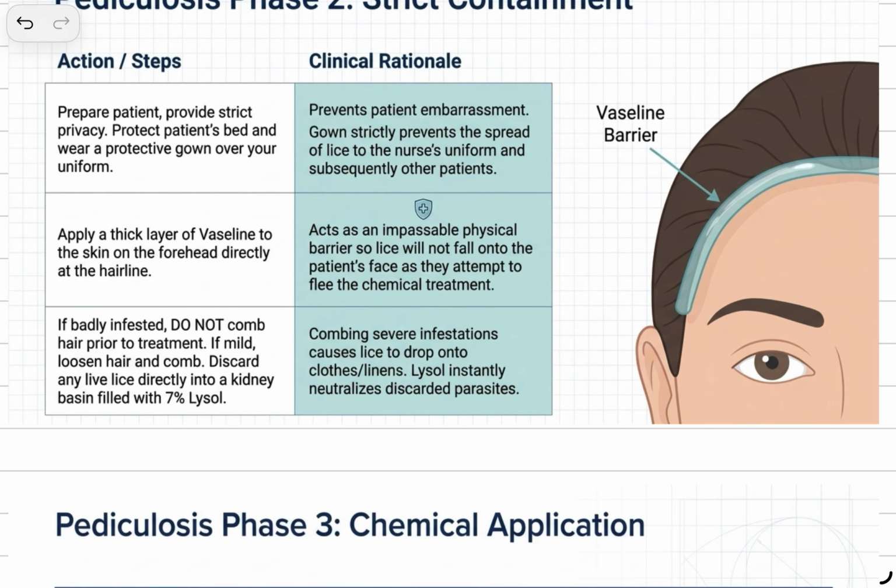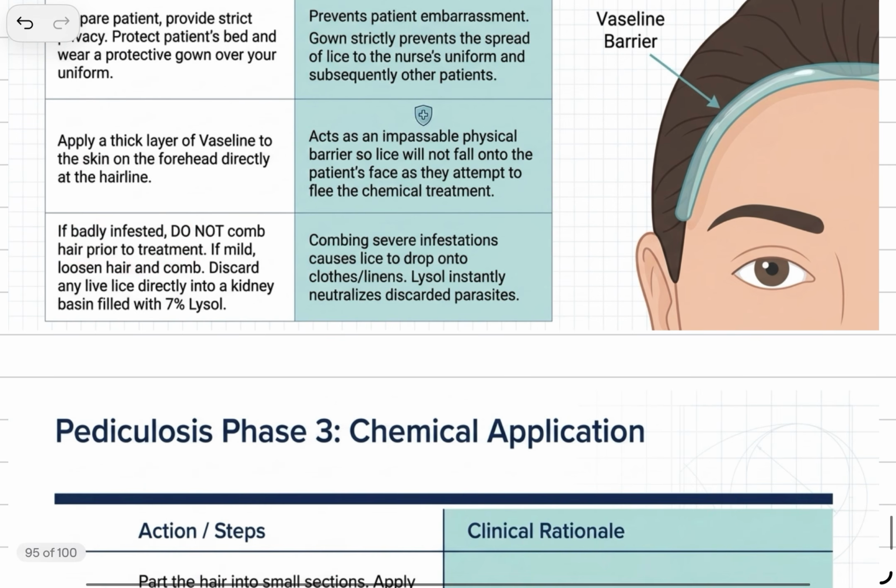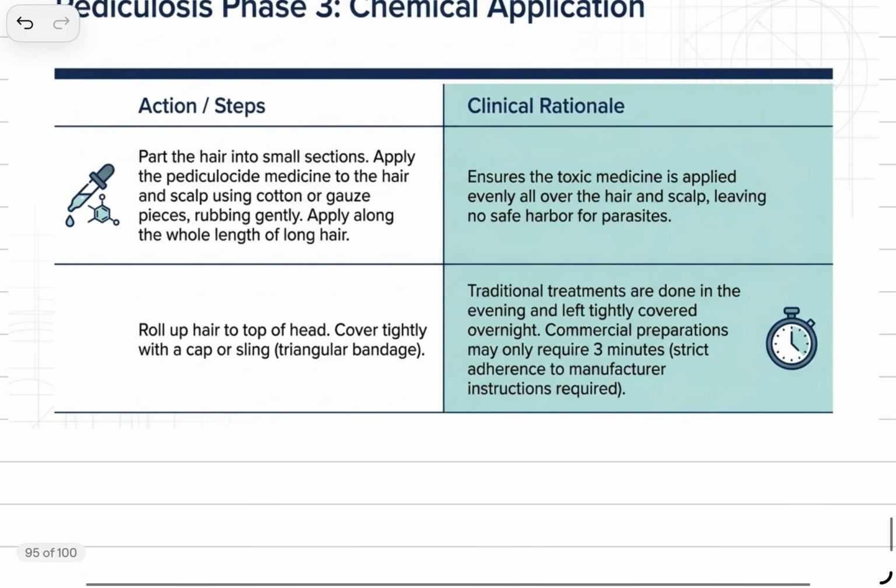Why not? Because the lice may jump or attach to the brush or comb, and may jump to other parts of the body, especially if it is badly infested. I hope everyone understood.